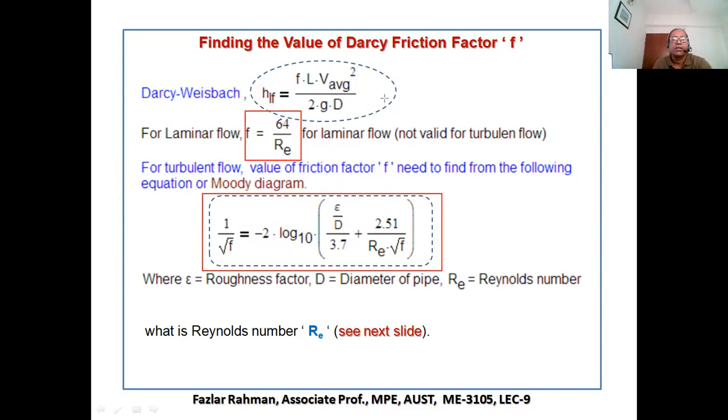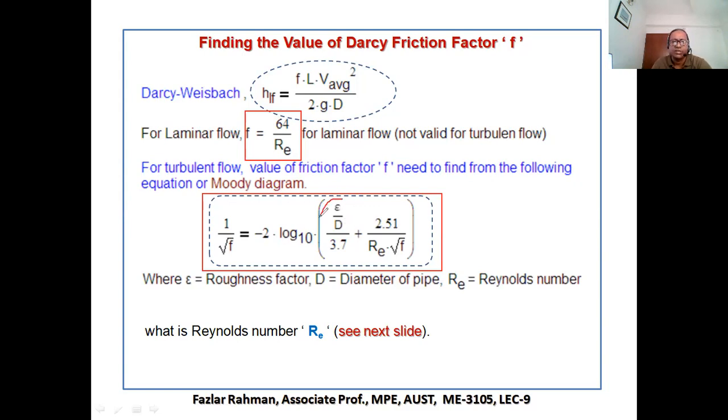But if you need to buy pipeline for industry, say for a chemical industry or a power plant, then you need to contact a manufacturing company, and you might look at their website. They have different specifications of the pipe, and they put the surface roughness in the specification. So this epsilon is the surface roughness and D is the diameter of the pipe.